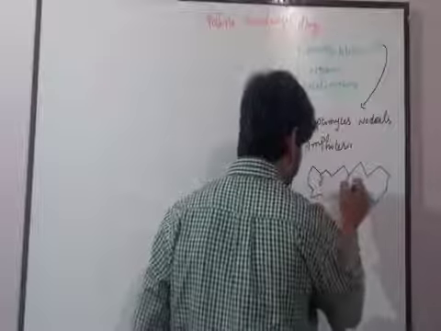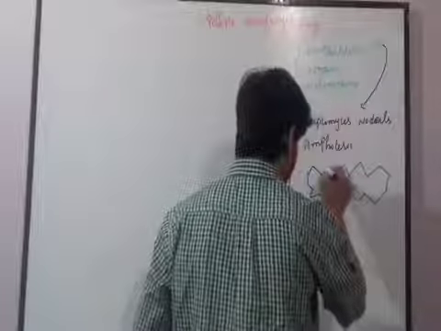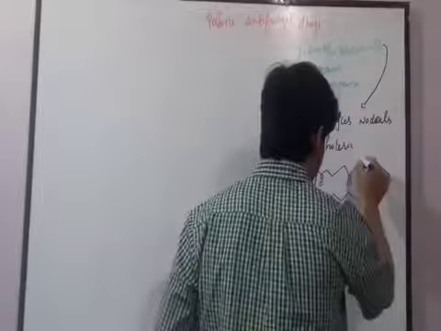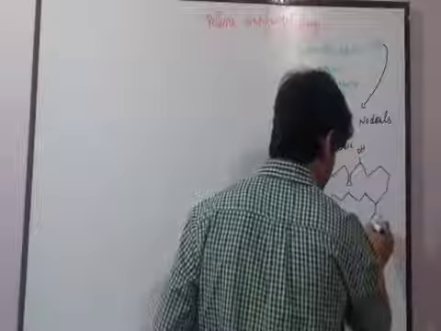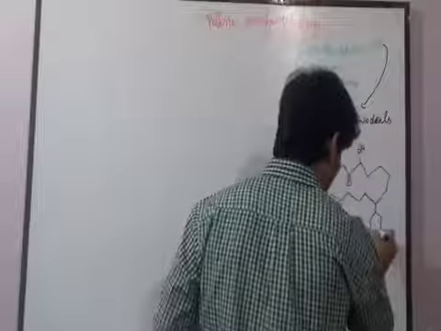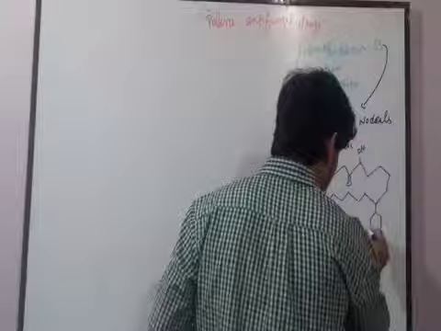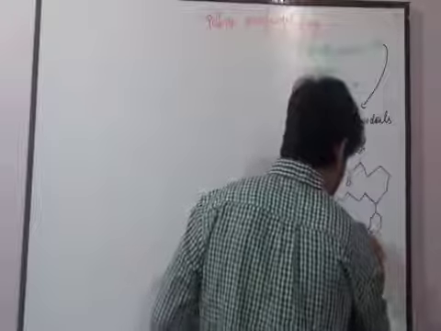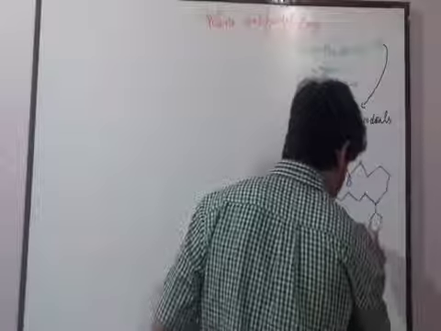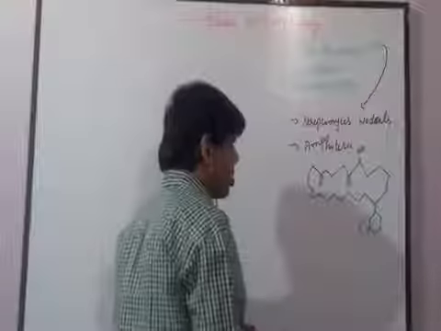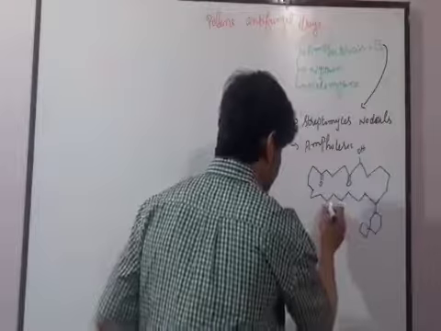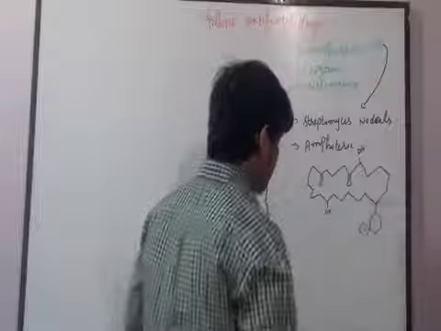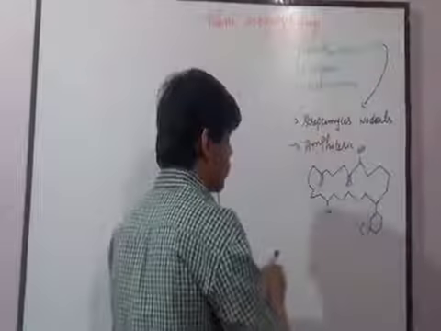There will be oxygen atoms somewhere, and there will be a hydroxyl group, and another chain is also formed in this case. Although this is not the exact one, usually amphotericin B will look in this form. So this is the structure of amphotericin B.